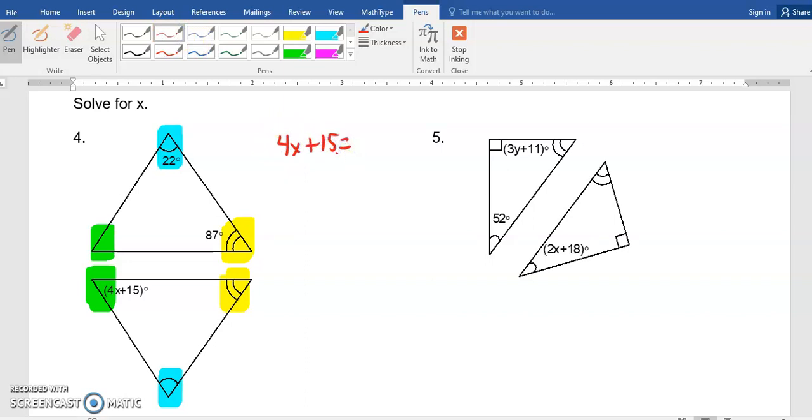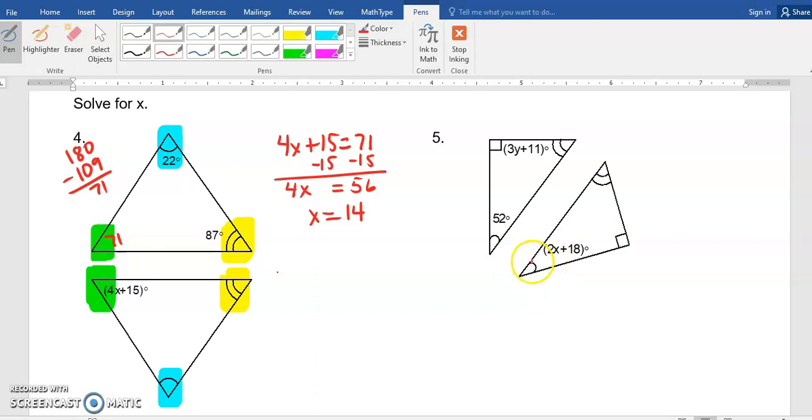Triangles have to add up to 180. So between these two, that's 109. 180 minus 109 is 71. So I'm going to set that equal to 71. Subtract 15, that's going to be 56, and divide by 4. So be very careful what you're setting it equal to.